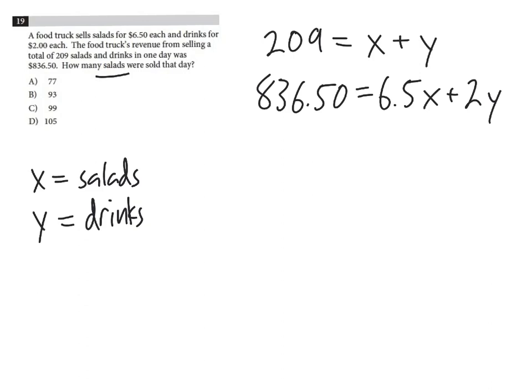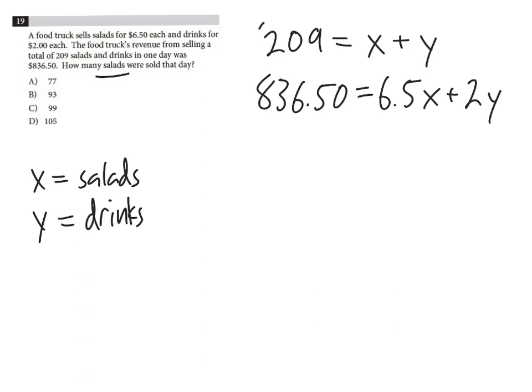Okay, well, to solve this, it says solve how many salads were sold. If I use elimination or substitution, either way, I should be thinking about eliminating the drinks. So I'm just going to add the two equations together and eliminate the drinks, which are y.